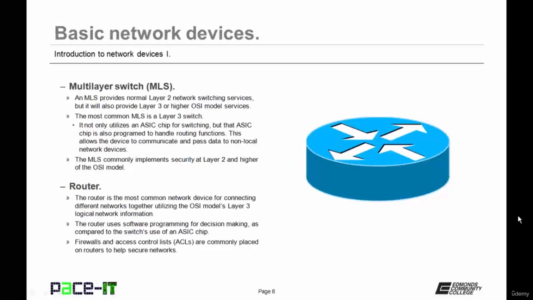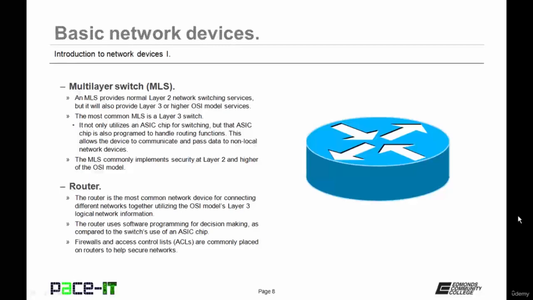Then we have the Multilayer Switch, or the MLS. An MLS provides normal Layer 2 network switching services, but it will also provide Layer 3 or higher OSI model services. The most common MLS is called a Layer 3 switch.